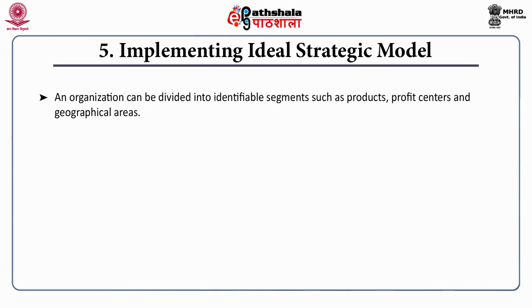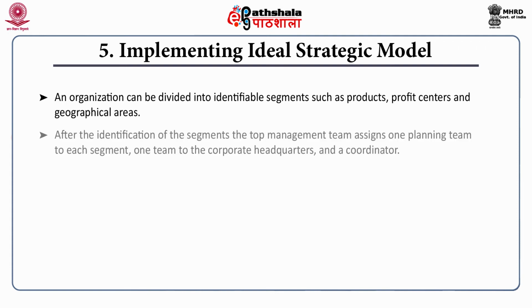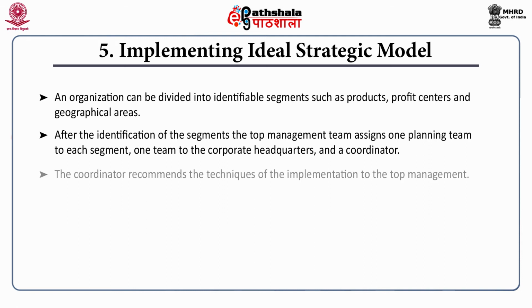An organization can be divided into identifiable segments such as products, profit centers, and geographical areas. After the identification of the segments, the top management team assigns one planning team to each segment, one team to the corporate headquarters, and a coordinator. The coordinator recommends the techniques of implementation to the top management.